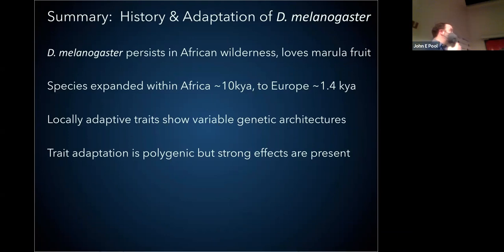We have learned that these genetic architectures of adaptive traits are always variable for the cases we've looked at. And yes, this is polygenic adaptation, but it's not just a bunch of tiny effects. At least on an individual cross level, there are strong effects present. So we're getting very consistent results in terms of the genetic architecture of adaptive trait evolution.